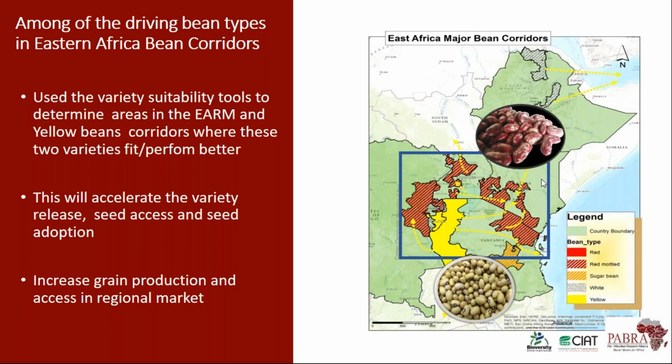We have been able to map where these beans are growing and where they move. We know that these beans are produced in this area and they are moving to this side, and there is a huge demand. We have grain traders who are looking for them, and seed traders who are trying to produce seed in those areas.